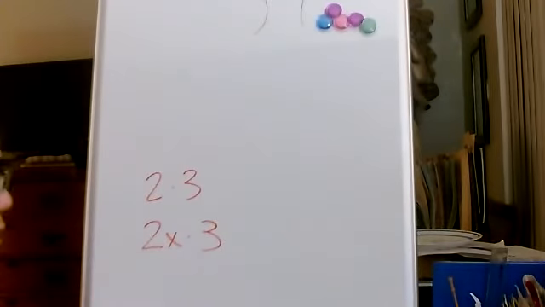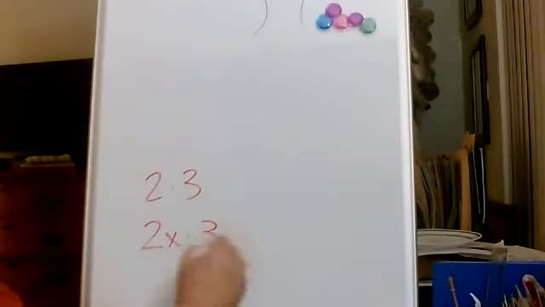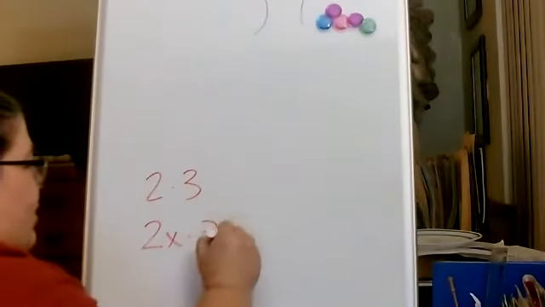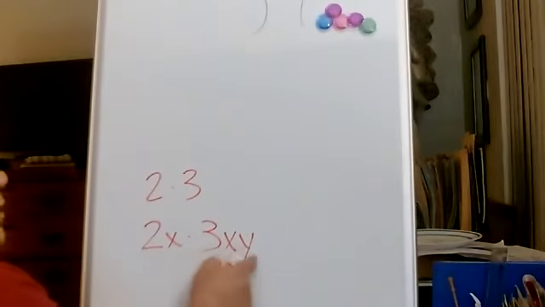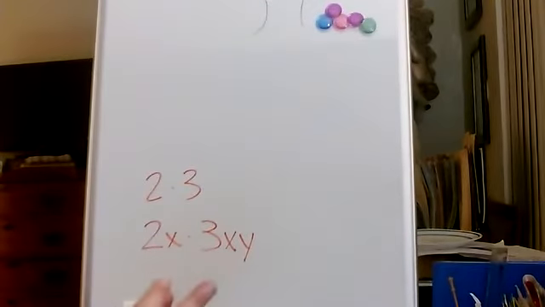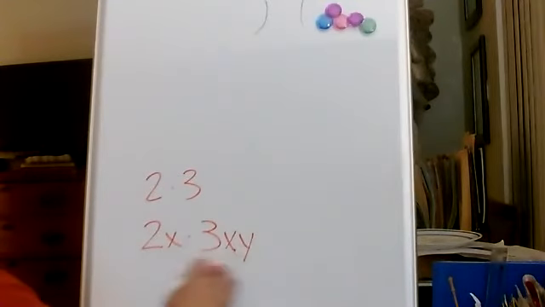Those are two different terms. Likewise, if this is 3xy, this is going to be a different term from this because it's got two variables on it. They're unknown values, so we can't say that this is the same as this.